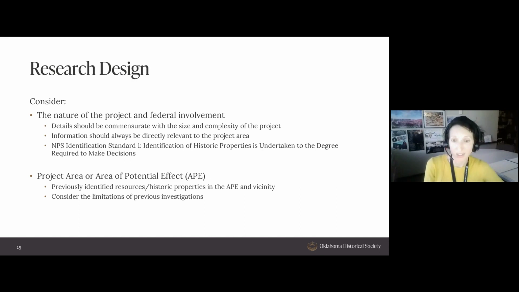And you're also considering the limitations of any previous investigations, or maybe that there have been no previous investigations in the immediate area of your project to give you clues about where you would expect to find resources.